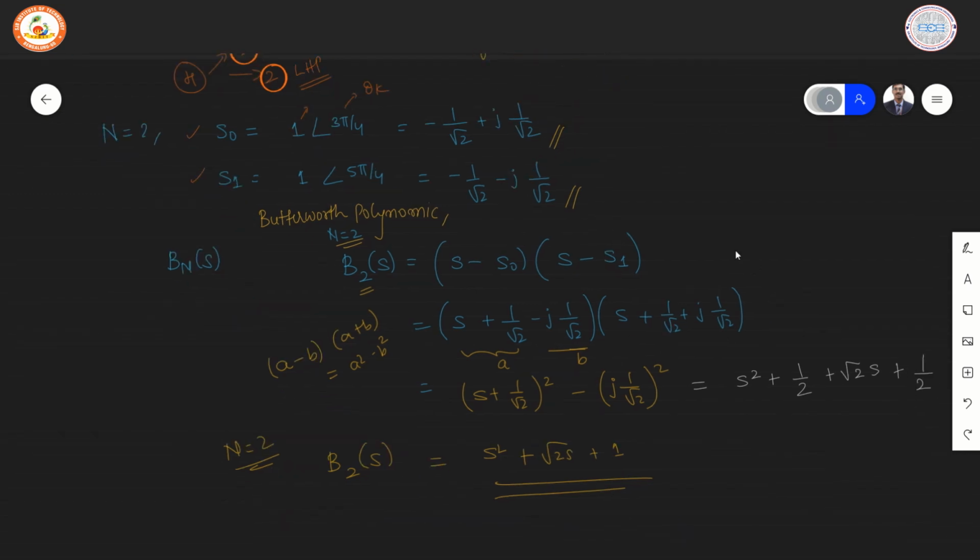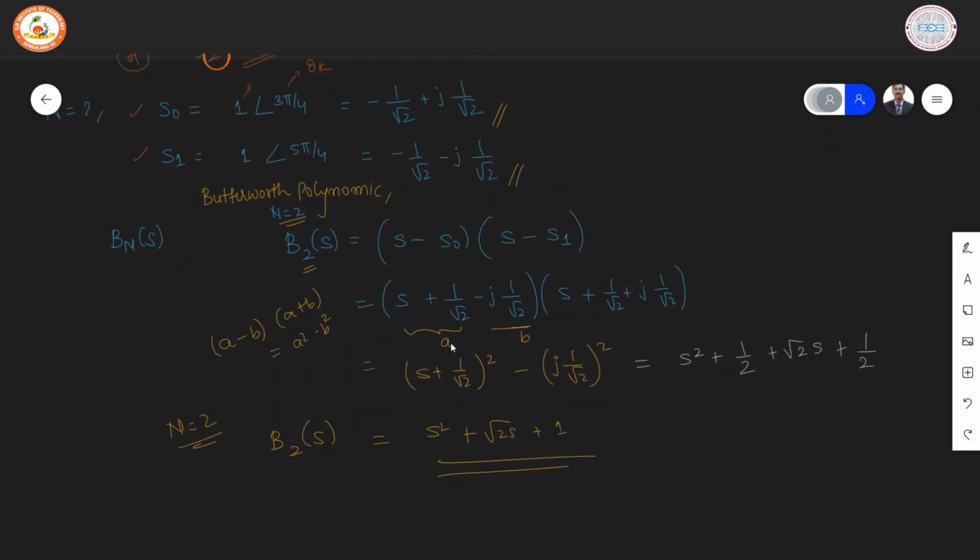In order to simplify this expression, we can assume the value of s plus 1 by root 2 to be A and the value of j 1 by root 2 to be equal to B. We are aware that the expression now is in the form of A plus B into A minus B, which yields the solution a square minus b square.